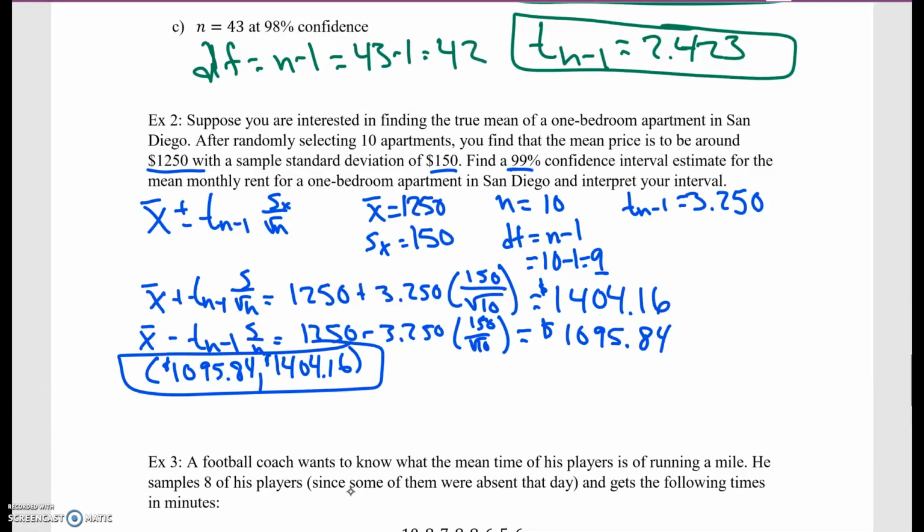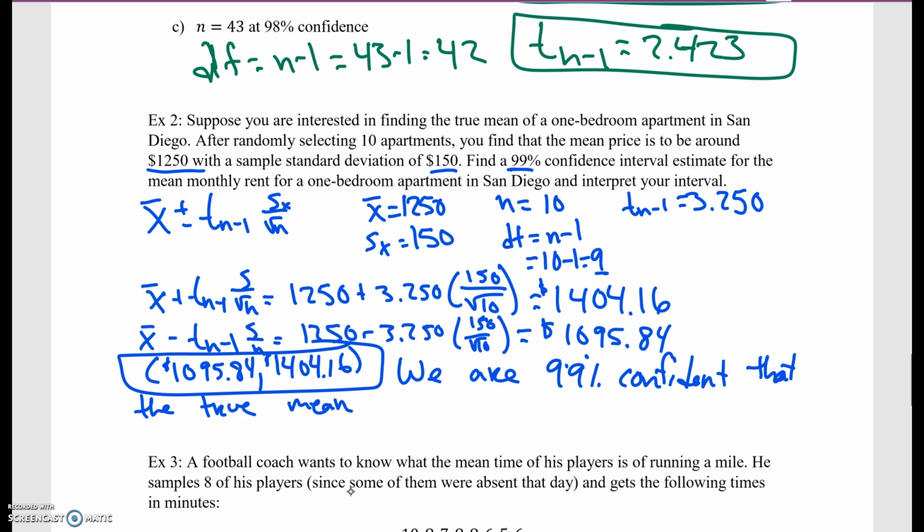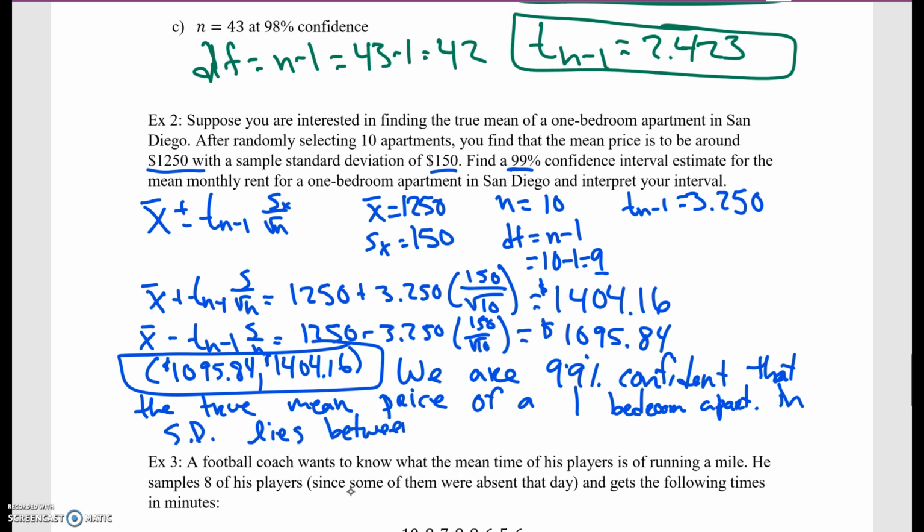Okay, so what exactly does this mean? This means that we are 99% confident that the true mean price of a one-bedroom apartment in San Diego lies between $1,095.84 and $1,404.16.